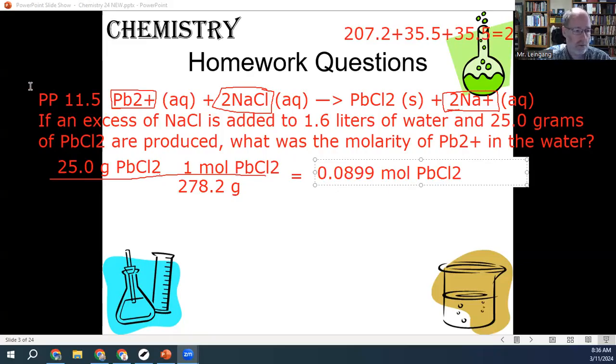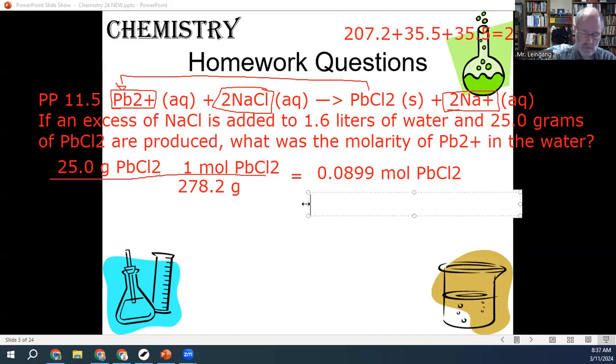So we're going from here to here, which according to our equation is a 1-to-1 molar ratio. So that's pretty easy math. I can just simply say it's going to be 0.0899 moles of Pb2+.